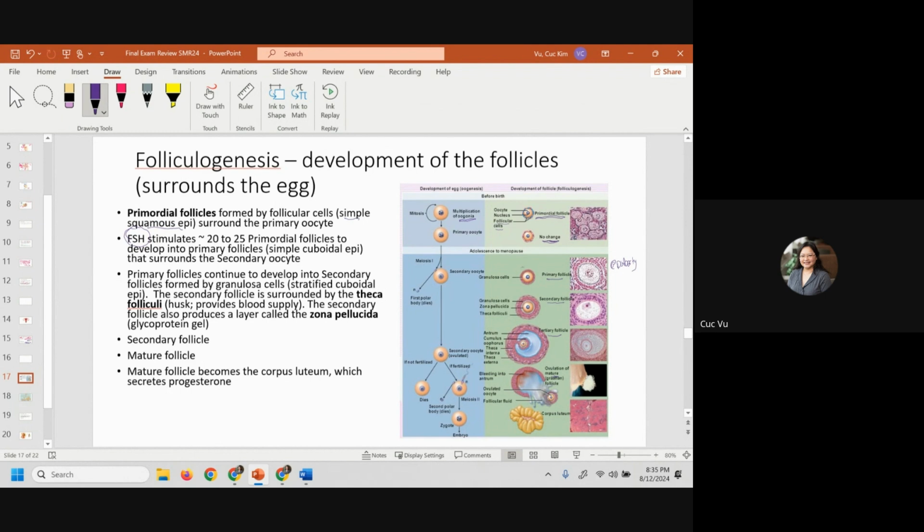This is the follicle right here that surrounds the egg. This is the follicle here that surrounds the egg. And here's another follicle here. What changes do you see from one stage to the next? It gets thicker. Absolutely. What other changes do you see?